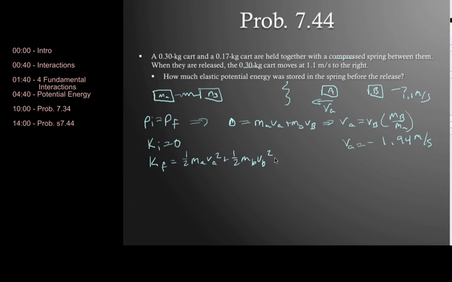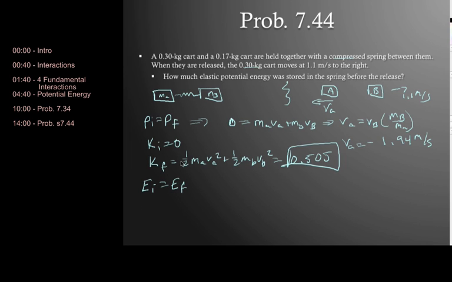I just add up all my kinetic energies, and I'm going to get 0.50 joules. So before I released these two, nothing was moving, my kinetic energy was 0. After I release them, I have 1/2 joule of energy. So where does that energy come from? Because I know that energy has to be conserved.